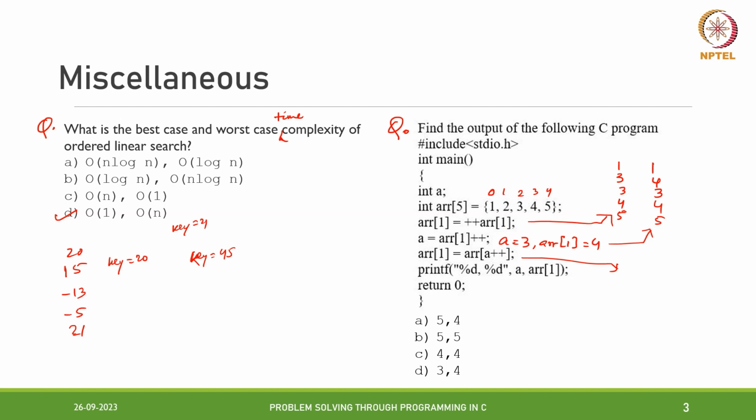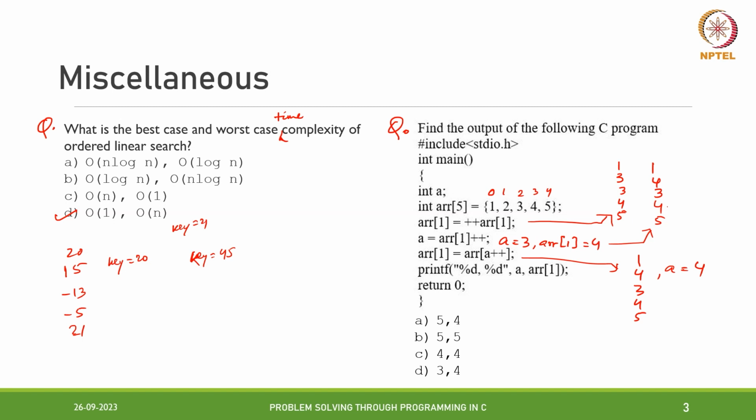The index 3 has a value of 4. That will be copied to index 1. So it still remains 4. 1, 4, 3, 4, 5. Still the same, because this value gets copied here, and as you can see, both have the value of 4. So it doesn't matter. And then the value of a becomes 3 plus 1, 4, because it's a post increment operation.